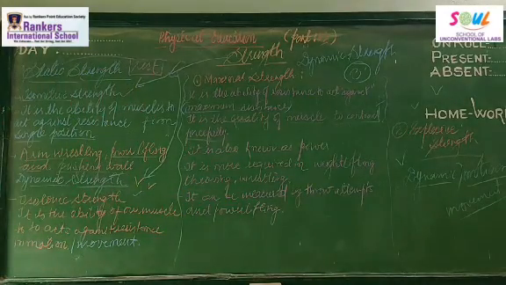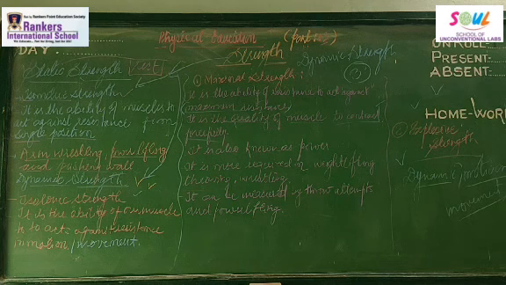Now we are going to learn about two different types of strength, right? They are explosive strength and strength endurance. After this, we will also let you know how you can improve your strength. What are the exercises you can perform to improve strength?